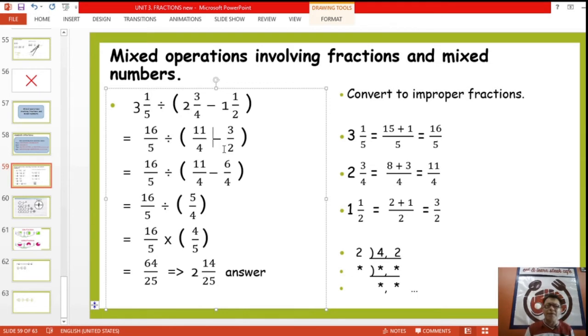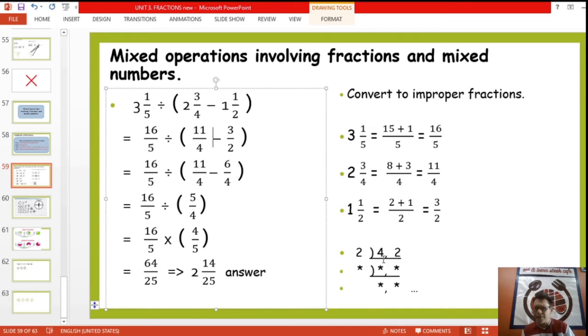So how are we going to find a common denominator? Use LCM to find the common denominator. After that, you already know how to do this.